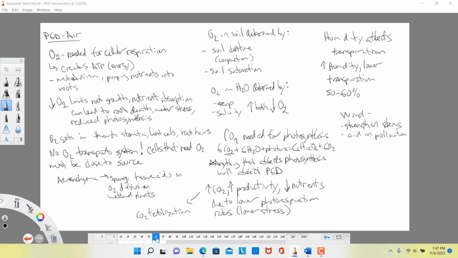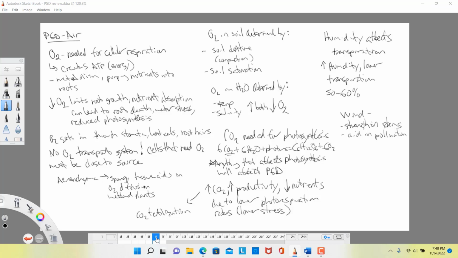So it allows for a little bit better travel of oxygen through our plants, from the leaves down to the roots, through this aerenchyma tissue, right? So there are some adaptations, but in general, there is not any transport system in our plants to transport oxygen. Thus, oxygen is needed in the soil, and thus deficiencies in the soil can lead to root death and all these other problems that come with it.